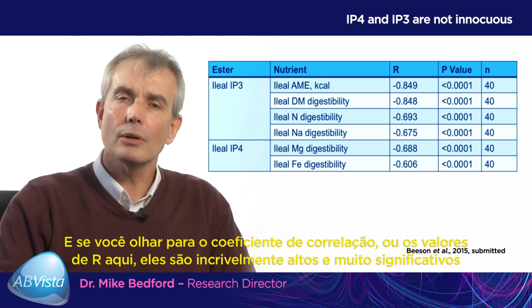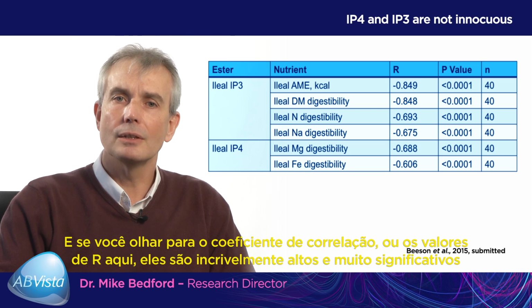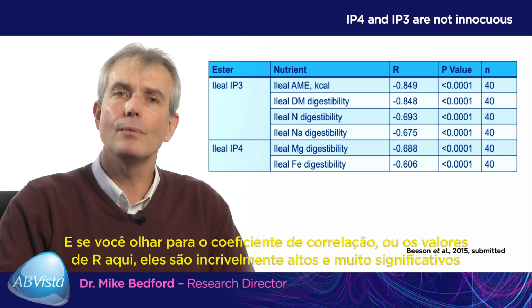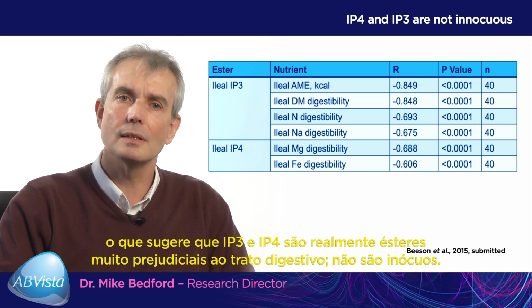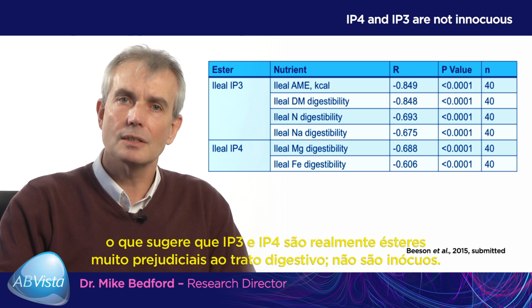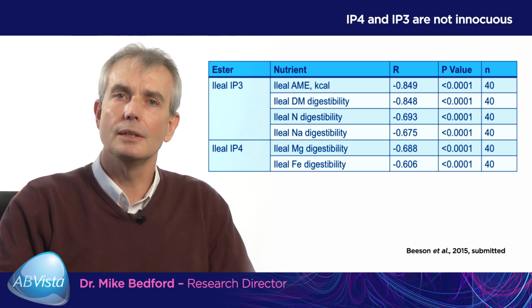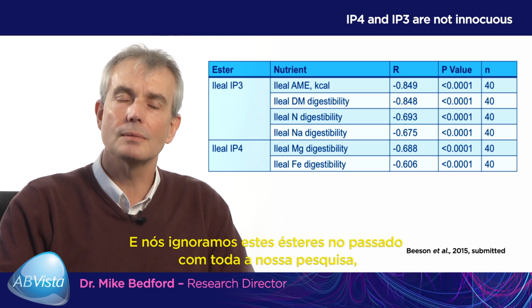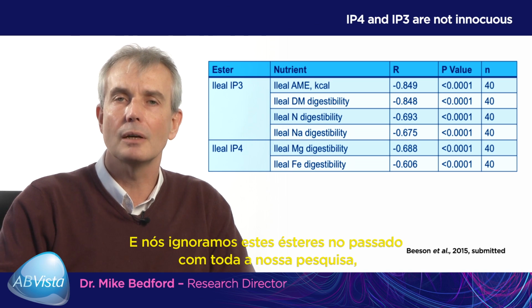And if you look at the correlation coefficient, or the R values here, they're incredibly high and very significant, which suggests that IP4 and IP3 really are quite malevolent esters in the digestive tract. They are not innocuous. And we have ignored these esters in the past with all of our research.